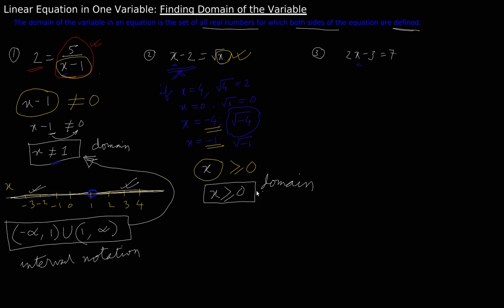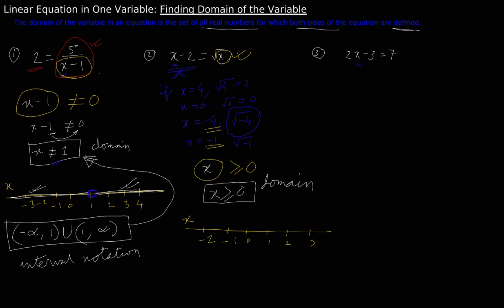Now let us again try to represent the domain using interval notation. So let me first draw a number line. This is my number line, and again I have x equal to 0, 1, 2, 3, negative 1, negative 2, and so on and so forth. So this is the number line representing the value of x.